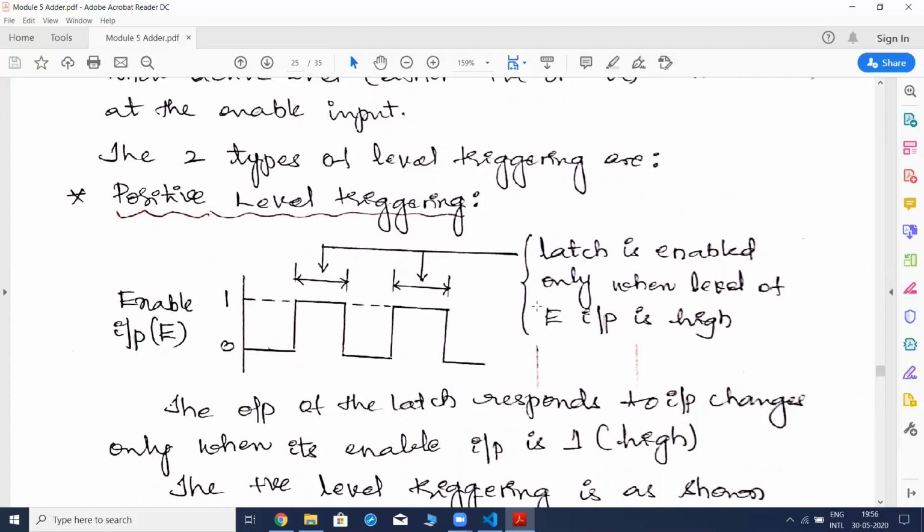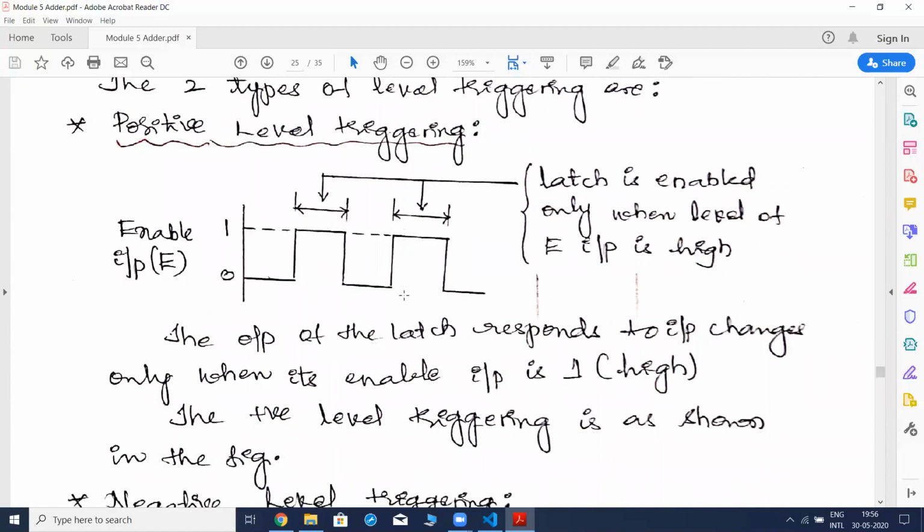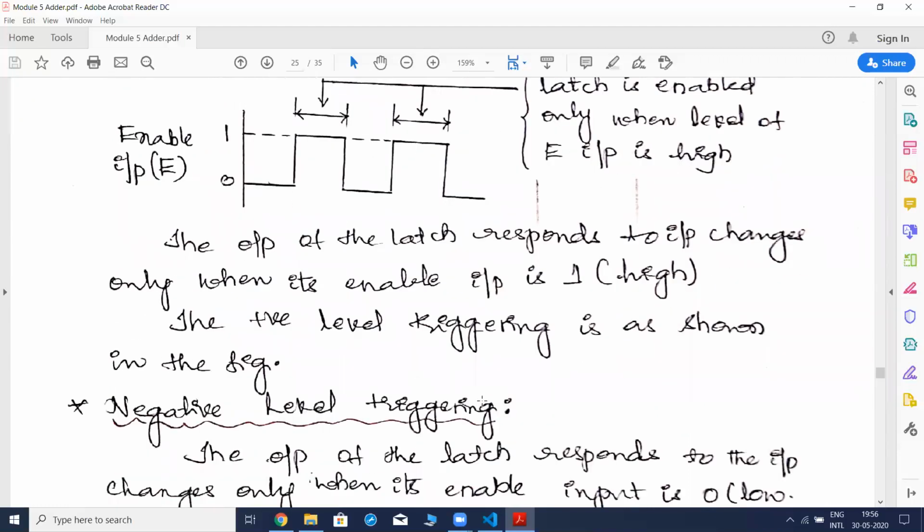So the latch is enabled. Our latch is made active when the level of the input is high. That means the latch will respond to the input only when the enable input is 1, or high. This is called positive level triggering.